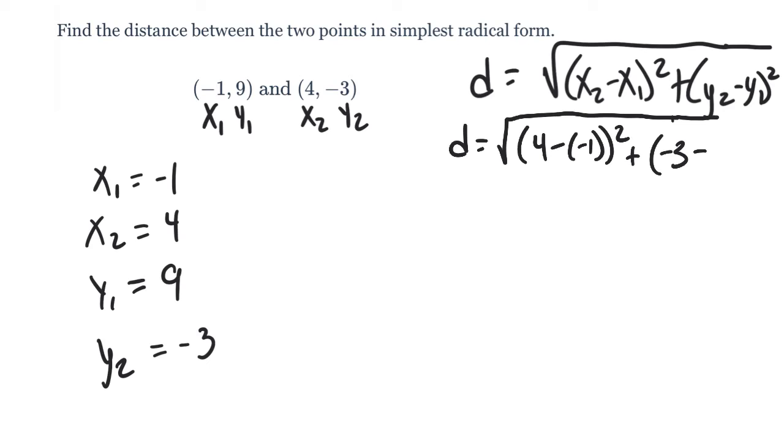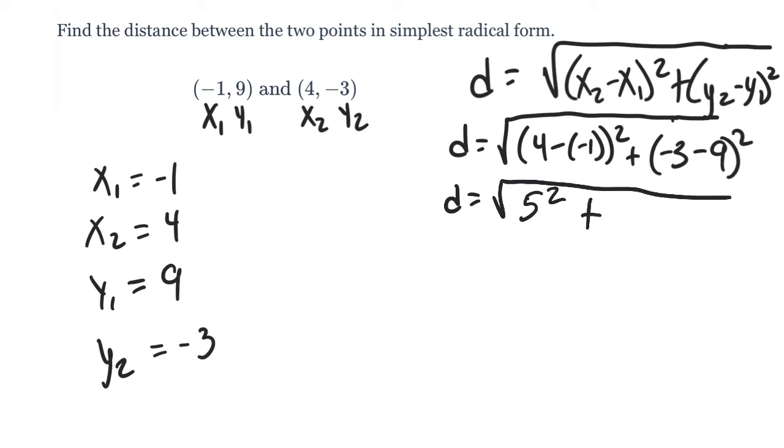I'm going to subtract my y1, which is 9, and I'm going to square that part. So now I have d equals, let's bring everything down. 4 minus the -1 is the same as 4 plus 1, so I've got 5. I'm going to square it, so it'll be 5 squared. I have -3 minus 9, so that's going to give us -12. And since it's negative, I'll put it in parentheses, and I'm going to square that one.